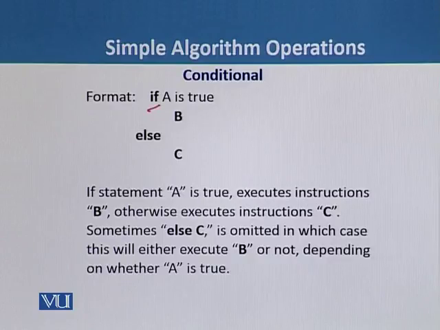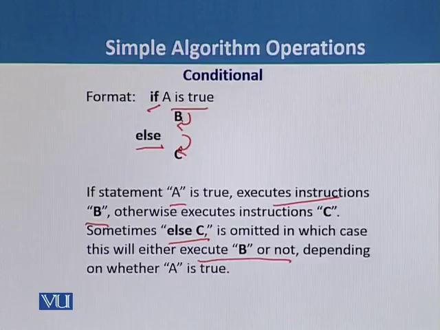This is the condition, and this condition says if A is true, then go to B, and if A is not true, which means else, then go to C. So if the statement A is true, execute the instructions of B, otherwise execute the instructions of C. And sometimes else C is omitted, and in this case it means that either execute B or not, depending on whether A is true. So this is a very simple conditional algorithm, and I think it's very easy to understand.